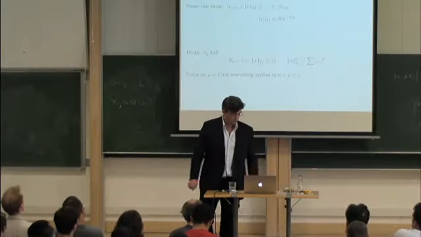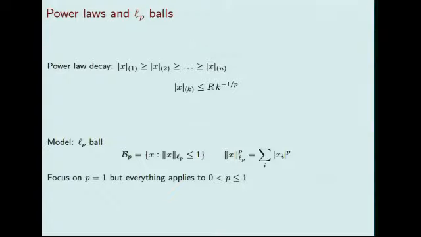As a model for signals, which people use a lot in mathematical signal processing, we're going to talk about Lp balls, and we're interested in those vectors which have a p norm bounded by 1. Essentially, to have a power decay 1 over k means, up to log factors, that you're in the L1 ball.